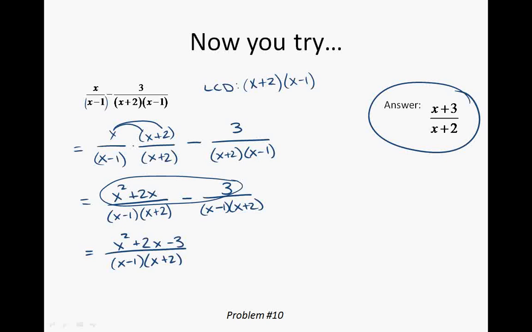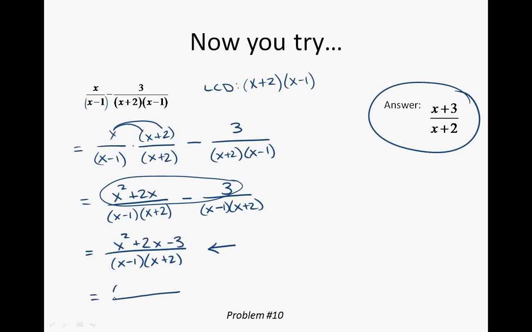Okay, if you got this as your final answer, x squared plus 2x minus 3 over x minus 1 times x plus 2, then you are moving in the right direction. Everything you did was correct. The only mistake is that you forgot to further simplify it. To further simplify this problem, you need to notice that the numerator x squared plus 2x minus 3 actually factors.